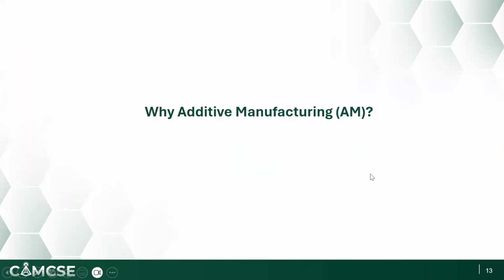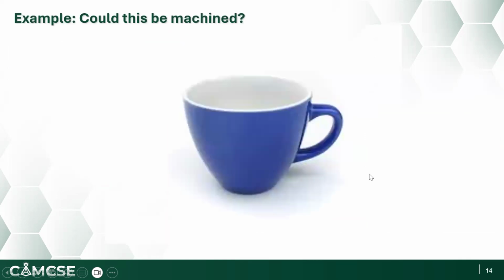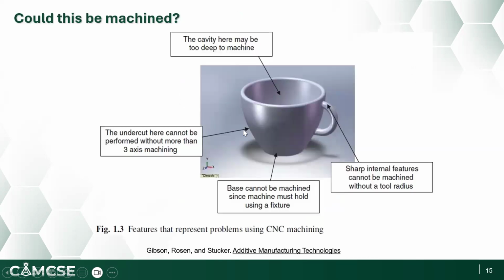So why do we like additive manufacturing? I guess the most straightforward answer is that a lot of components cannot be made by conventional manufacturing, right? For example, this cup, if you want to use a conventional machining approach, it's very difficult to make this cup. If you look at this cup carefully, you will see that the cavity of this cup may be too deep to machine even with an advanced CNC machine, and the undercut here cannot be performed without more than 3-axis machining, right?